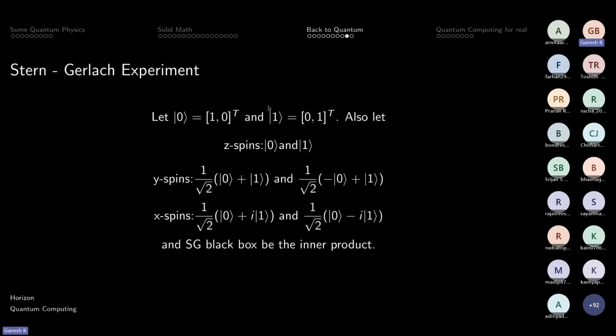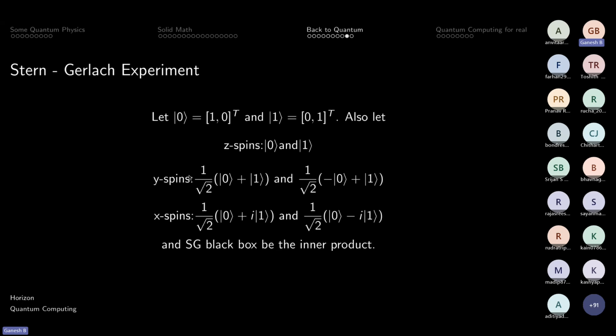Let these two vectors denote the z spin. If your z spin is positive, let it be 0, and if your z spin is negative, let it be 1. I'm defining them to be orthogonal vectors, in fact orthonormal. Based on that, I define the y spins as the vectors along 45 degrees, kind of like in Euclidean space, (i plus j) by root 2 and (minus i plus j) by root 2.